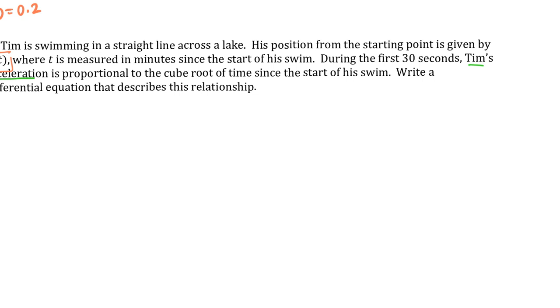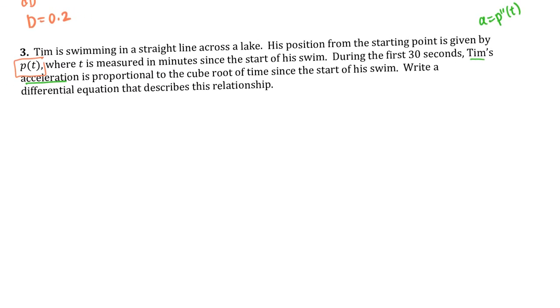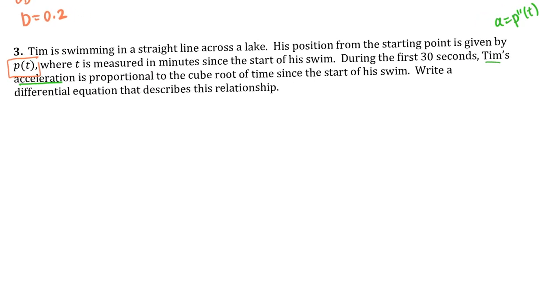So I'm thinking acceleration is going to be the second derivative of P. Okay, I'm going to write it so it looks like the other one. So I'm going to write it as the second derivative with respect to time. So d squared P over dt squared, acceleration. Second derivative of position is acceleration.